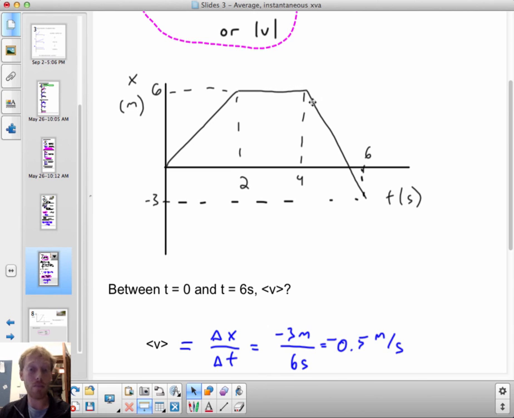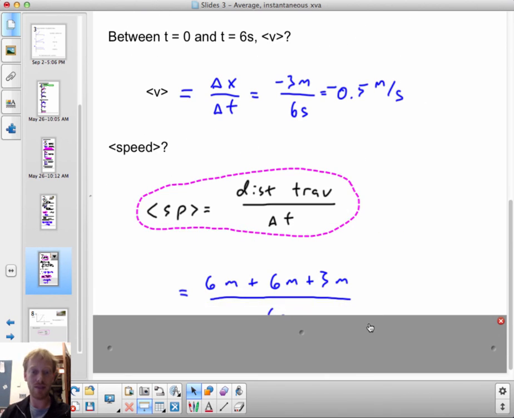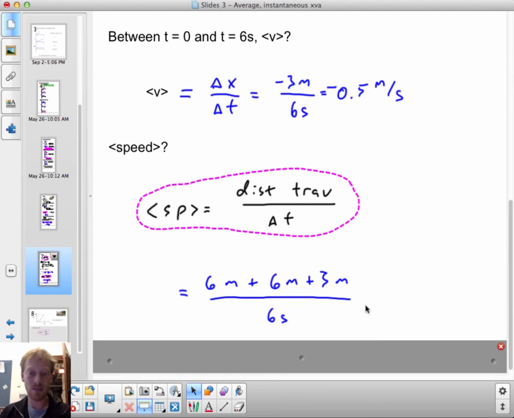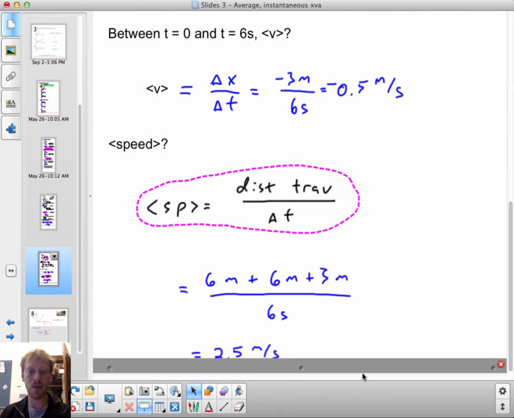But here, going back to the origin of position, there's an additional 6 meters of distance traveled, so a total of 12 meters of distance traveled so far. Then, going down to a position of minus 3 meters, you accumulate an additional 3 meters of distance traveled. So the whole distance traveled here is 6 meters plus another 6 plus another 3 meters, and that all takes place over 6 seconds. So 15 sixths is 2.5 meters per second.